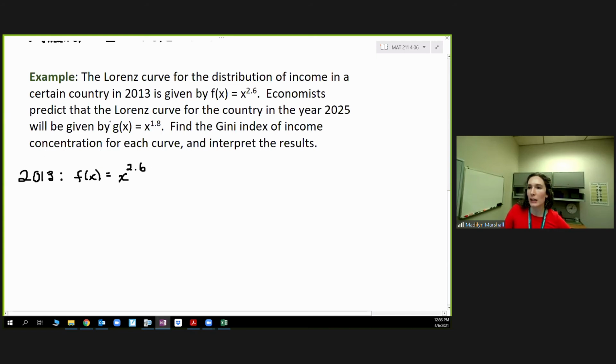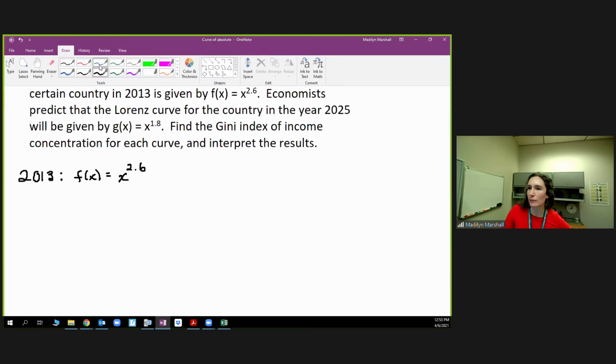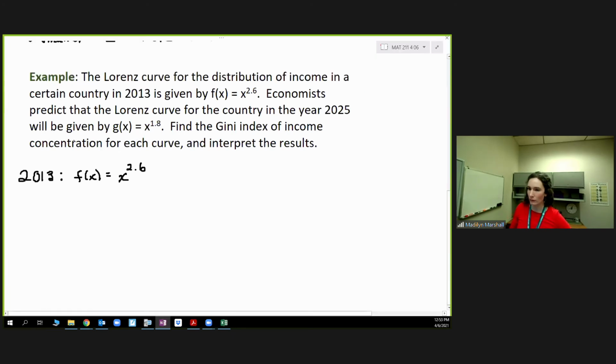So starting with 2013, our Gini index is always 2 times the integral from 0 to 1 of x minus the Lorenz curve.